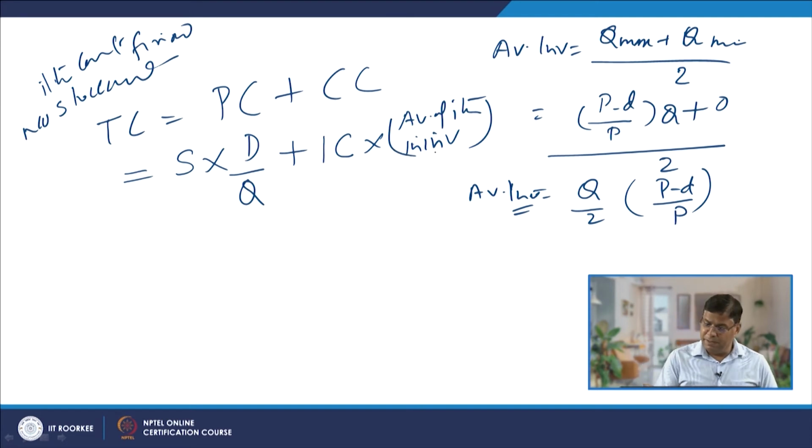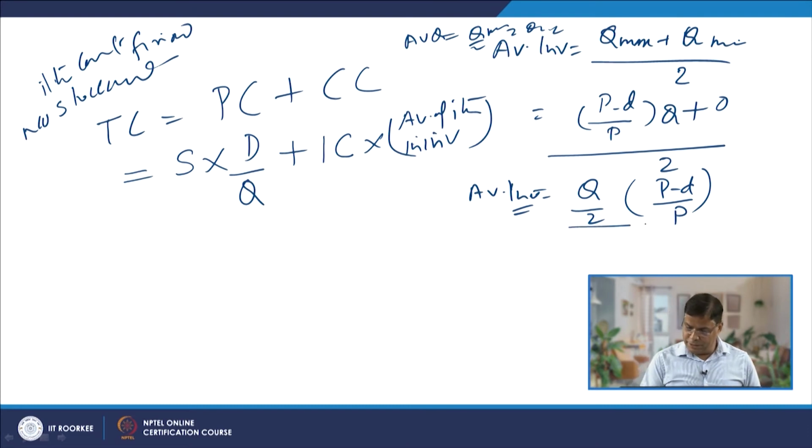The same will be applicable here also, except the difference is that earlier the average inventory was Q max by 2 or Q by 2, because the Q minimum was 0, and here this value is different because the order is not being fulfilled in one go, or the entire order is not supplied in one go, but it is done in stages.